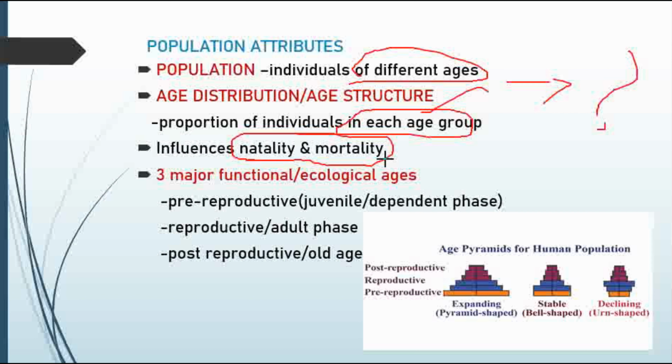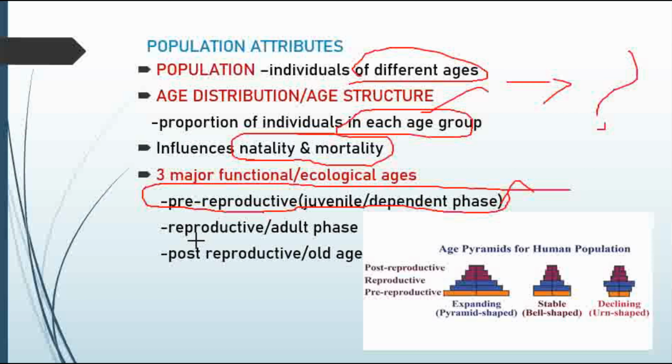And what are the 3 main functional or ecological ages you find in a population? One is the pre-reproductive or juvenile or dependent phase. Students and those before that stage are pre-reproductive; we call them the juvenile or dependent phase, before or in the teenage, before reproduction.